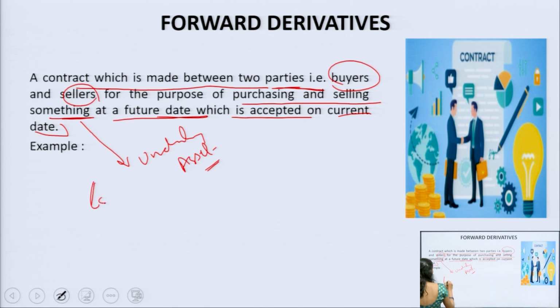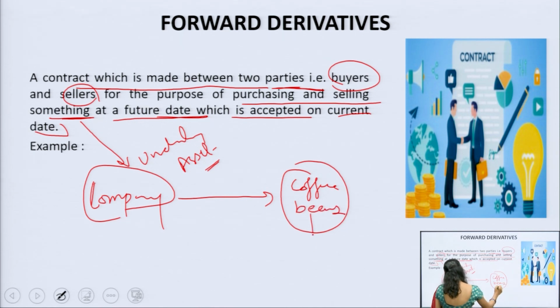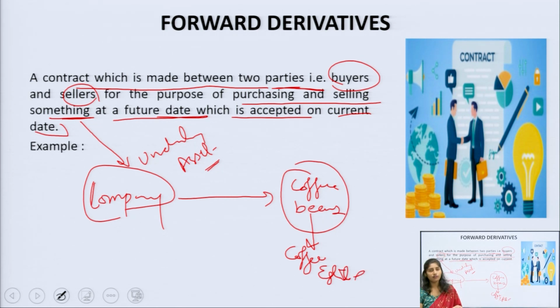Suppose a company wants to buy coffee beans. So, that company will eventually go to that coffee estate, or you can say make a dealing with that particular coffee estate.